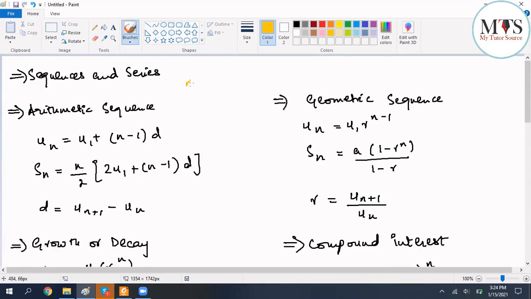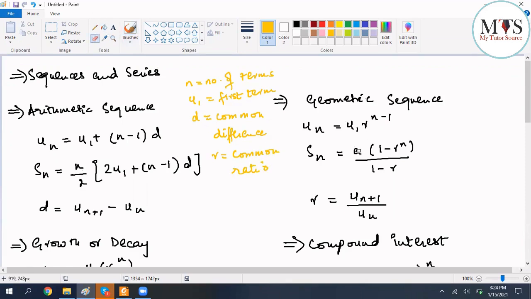n is your number of terms. u1 is your first term. d is your common difference. This is for the arithmetic one, and for the geometric one, r is the common ratio.